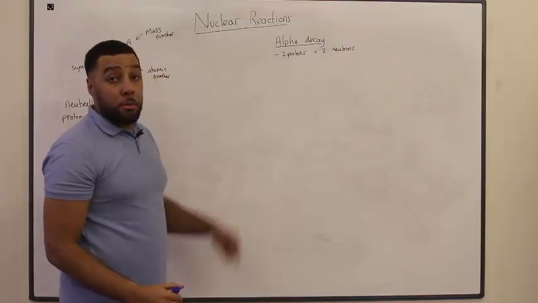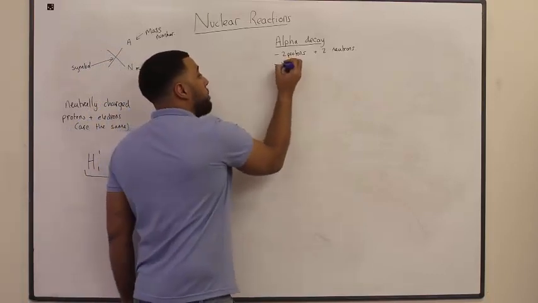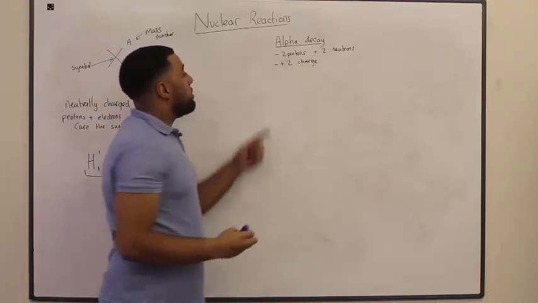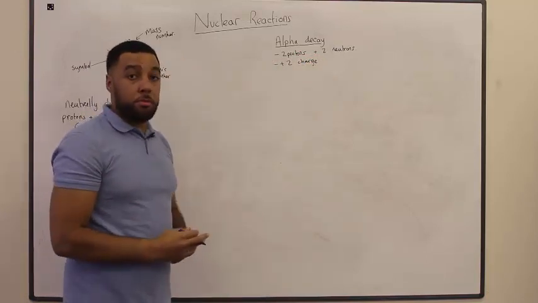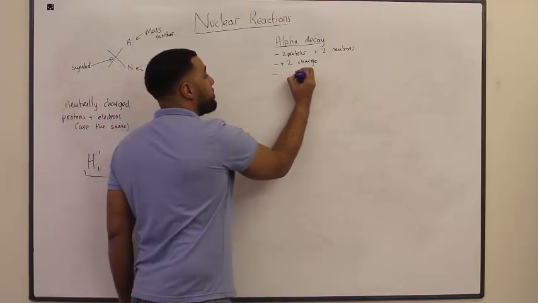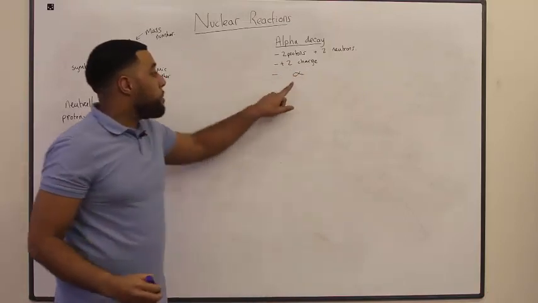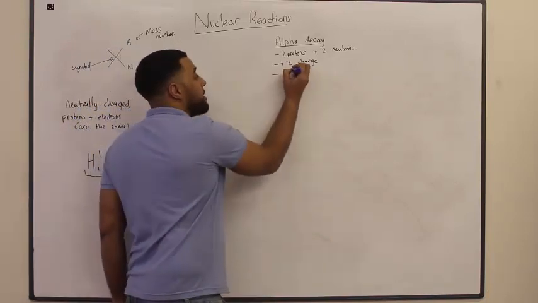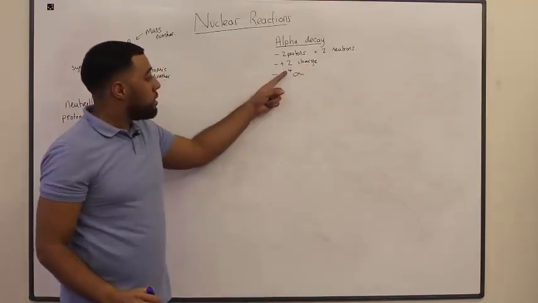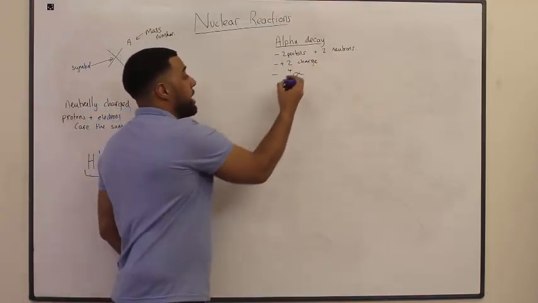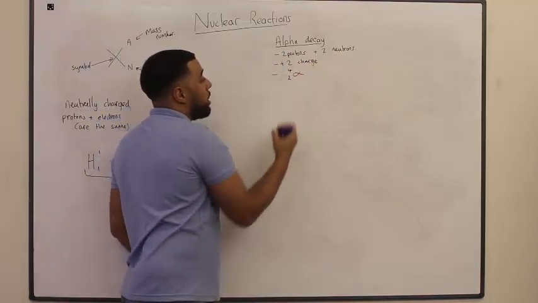That means that alpha particles have a +2 charge because of those 2 protons. The alpha particle, which we represent using the alpha symbol, would have a mass number of 4 because it's protons and neutrons, and it would have an atomic number of 2.